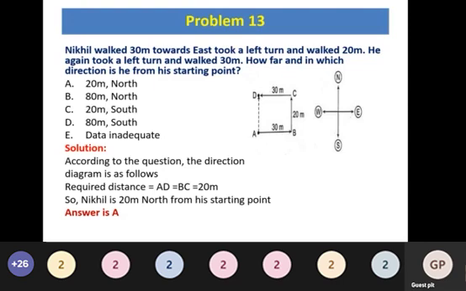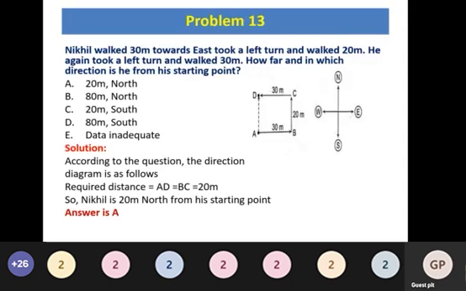The options are A, 20 meters north, B, 80 meters north, C, 20 meters south, D, 80 meters south, and E, data inadequate.